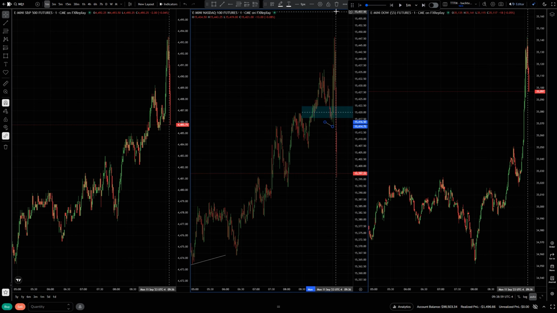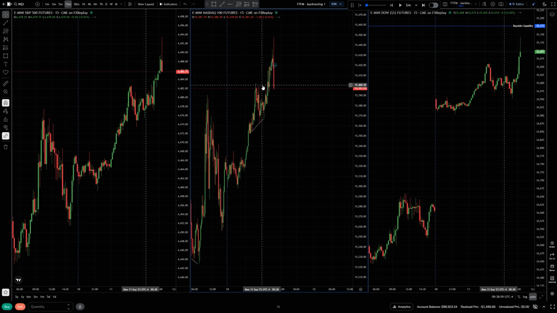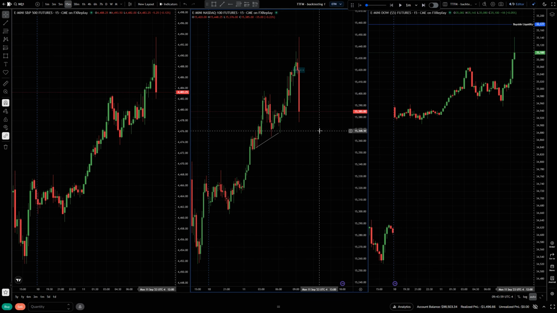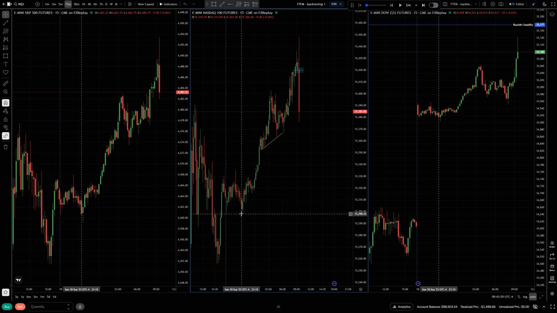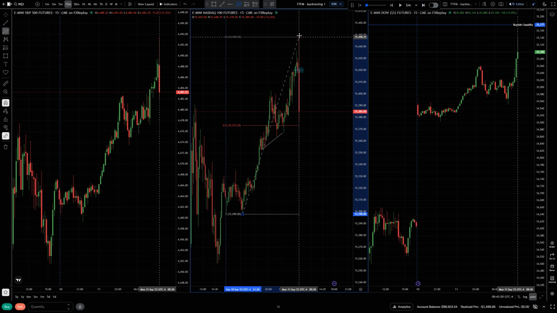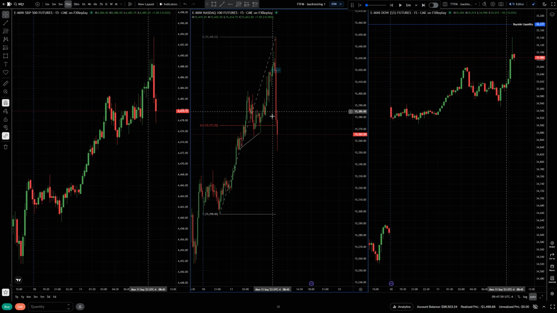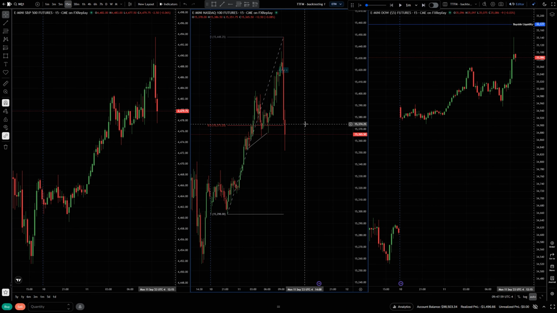We have NQ having a very deep retracement, and this is not a good sign. I mean, yes, we have been expanding from the low of day, and we got inside a discount, but with this high of a move, I don't know if we are going to see higher prices.